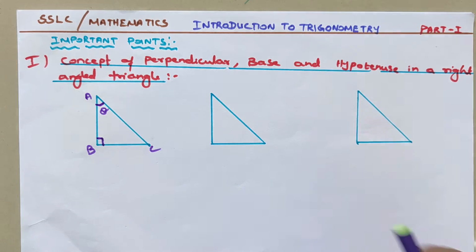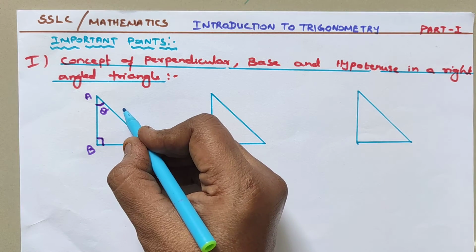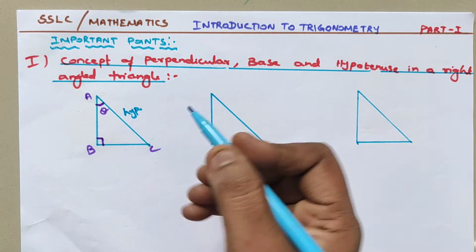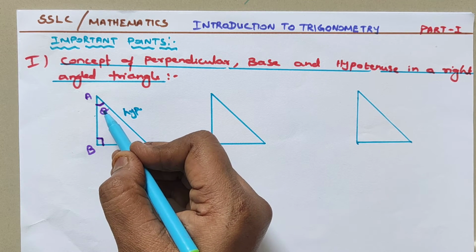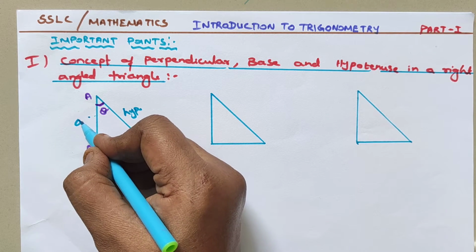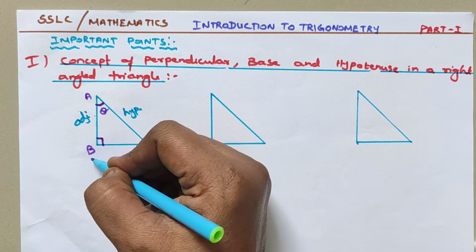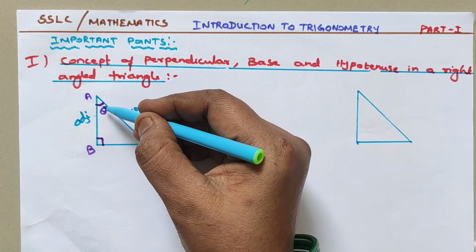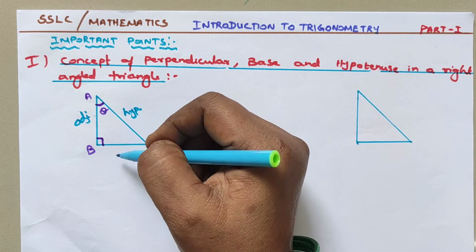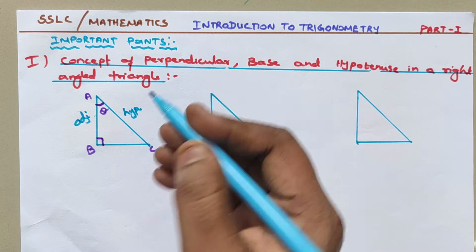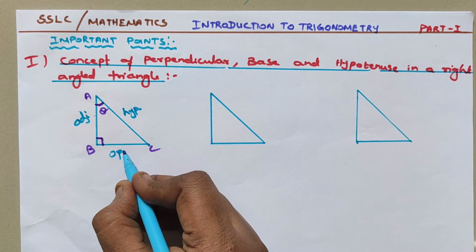So this side we should consider as hypotenuse. Then the angle theta is here, so the adjacent side is AB. Next, for this angle theta, which will be the opposite side? BC is the opposite side.